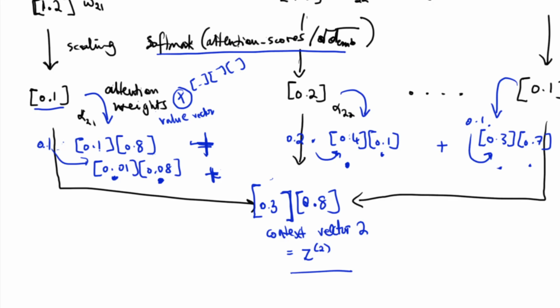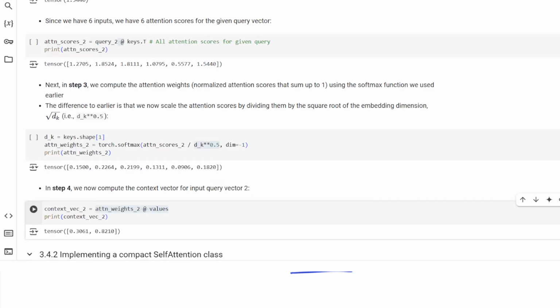Here in code, we just did all of that in one step. So the attention weights and the values, and then we calculated our context vector 2. As you can see, 0.3, 0.8. In the next video, we're going to just now consolidate everything, because here we are focusing on the second input.